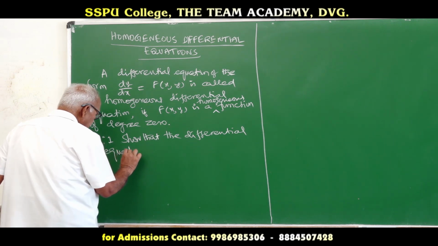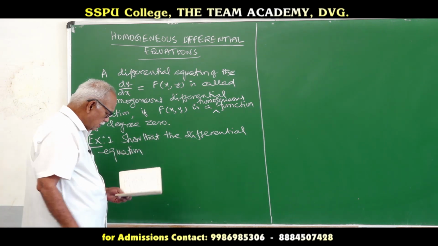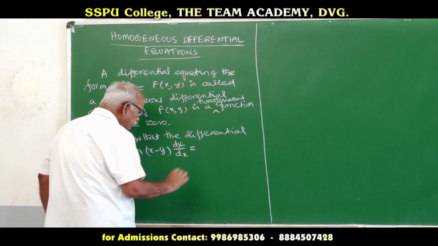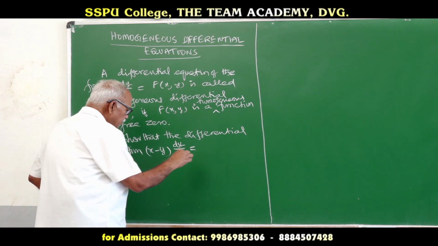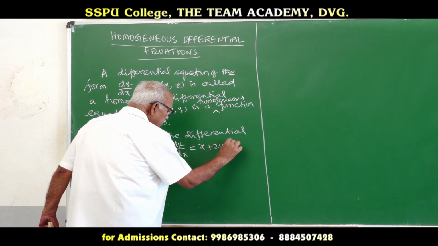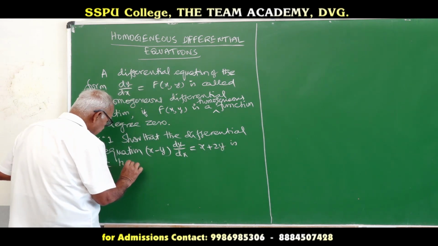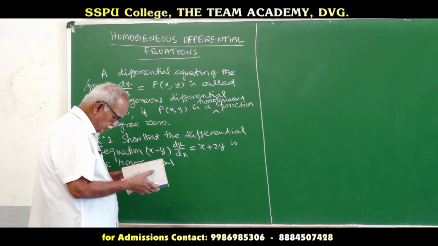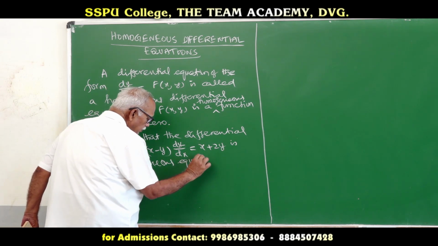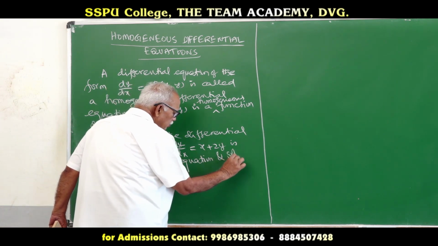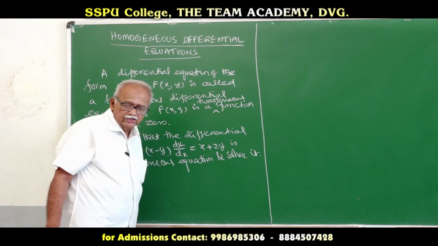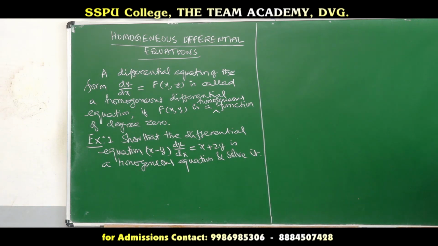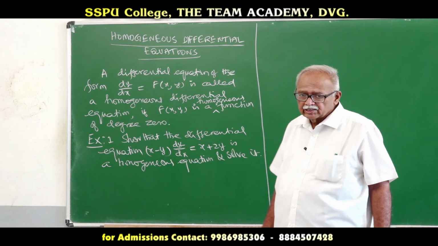Show that the differential equation (x minus y) dy by dx is equal to x plus 2y is a homogeneous equation and solve it. So, two things we have to do in these problems. We have to first prove that it is a homogeneous function.